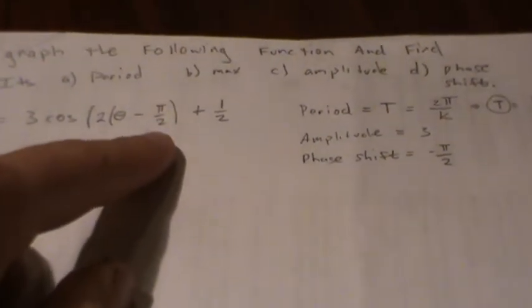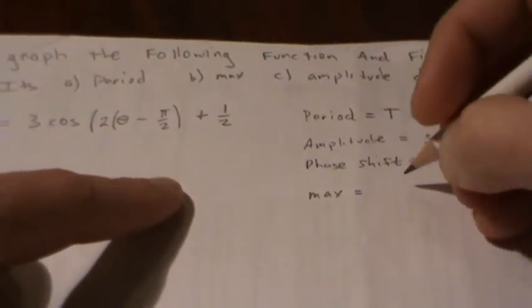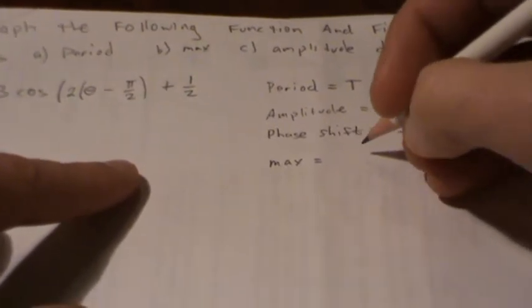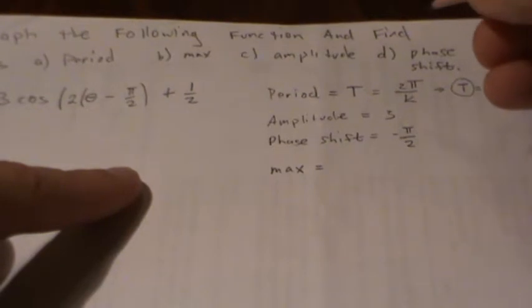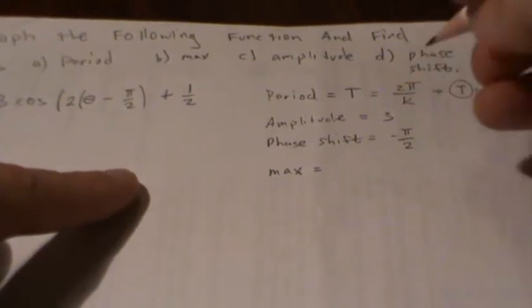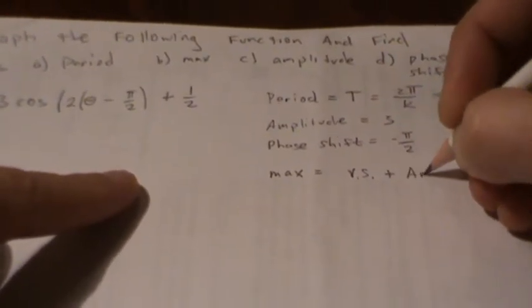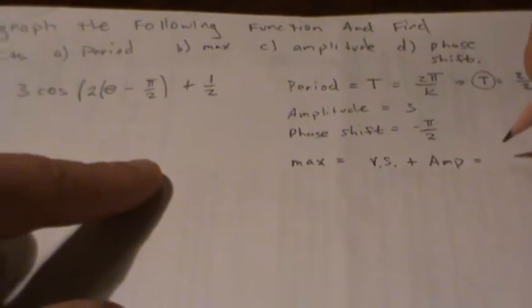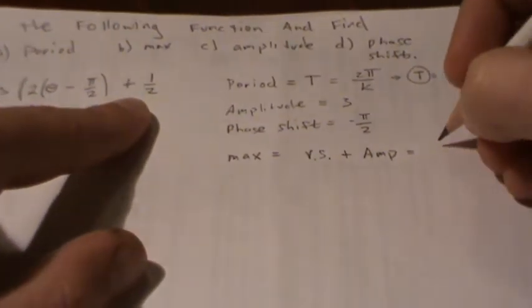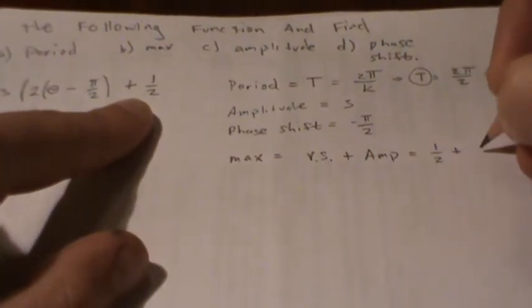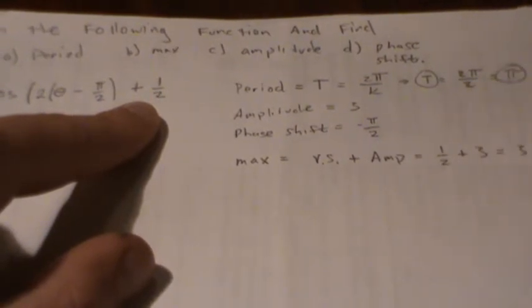Right here. Now to find the maximum, remember that the equation I gave you guys in class was vertical shift plus the amplitude. In this case the vertical shift is 1/2, so I will do 1/2 plus the amplitude, which I just found, of 3, or 3.5.